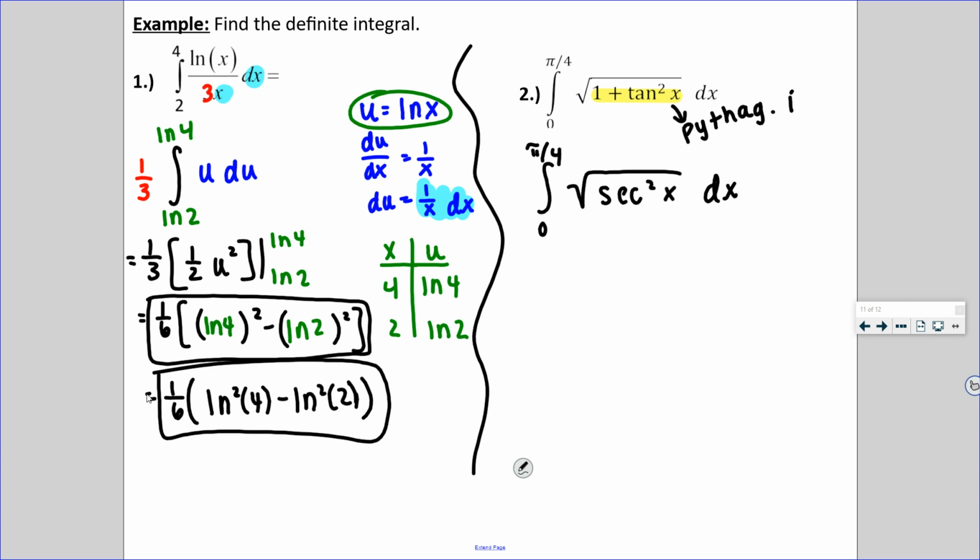These are fair game. I can give you a new identity sheet too if you want one. I have them printed out for you through class. So then that just becomes the square root of secant squared, which is just secant.